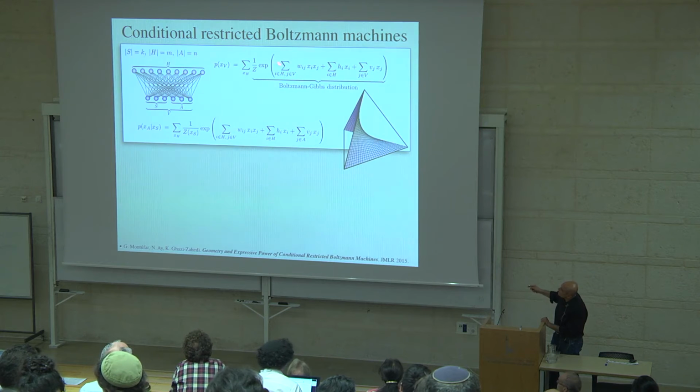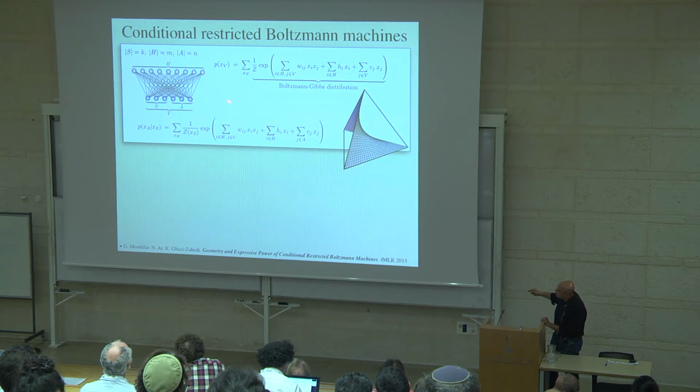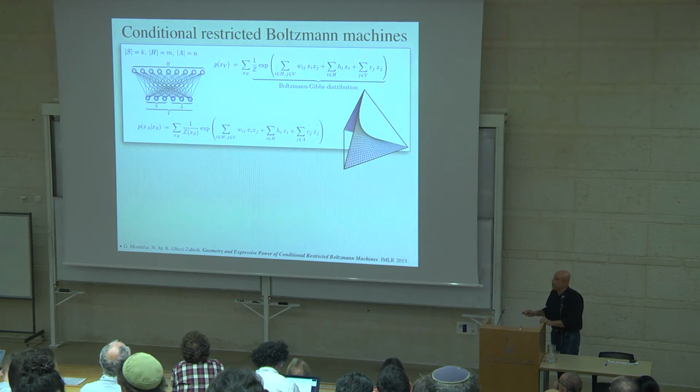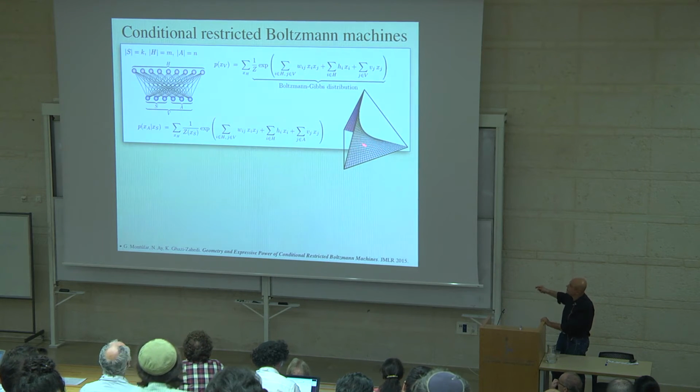With these parameters, we have a joint probability distribution on the space of all units here. Geometrically, it's a nice object. It's called an exponential family within information geometry, and this is one example of an exponential family. Now, you are usually not interested in the hidden layer.